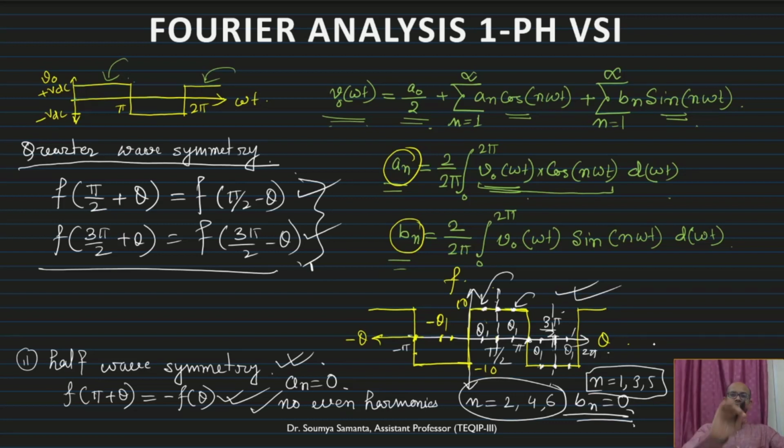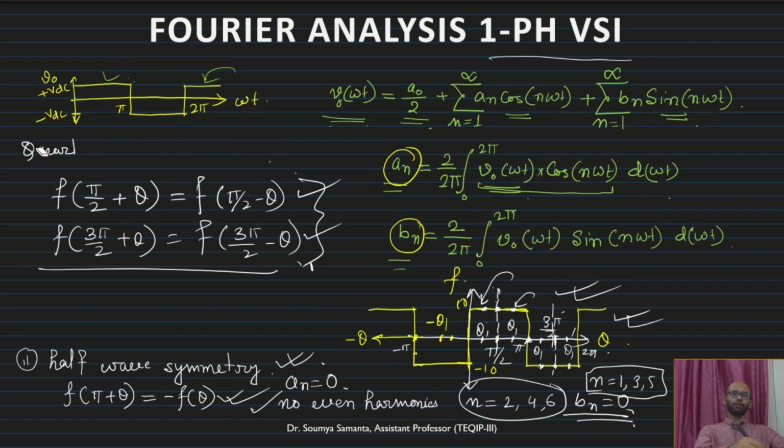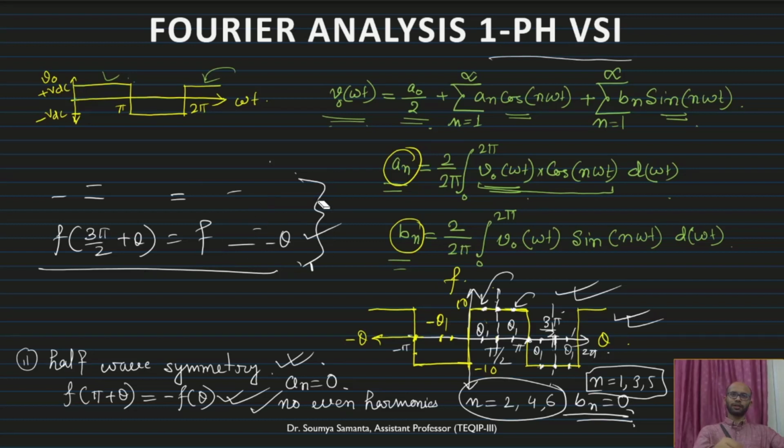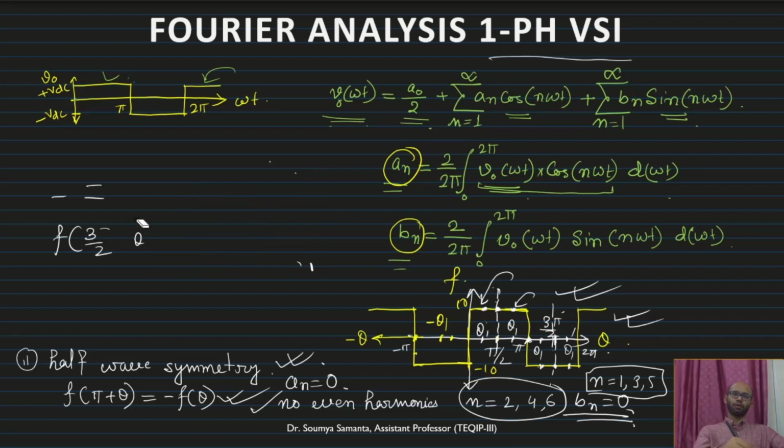Okay. Now what is the advantage? If we can establish that this is quarter wave symmetry, half wave symmetry and odd symmetry, which is happening in this case, that means in the output of the single phase voltage source inverter, first, square wave operation. For square wave operation, whatever the single phase voltage source inverter output we get, what are the symmetries this waveform is having? Let us write it down.